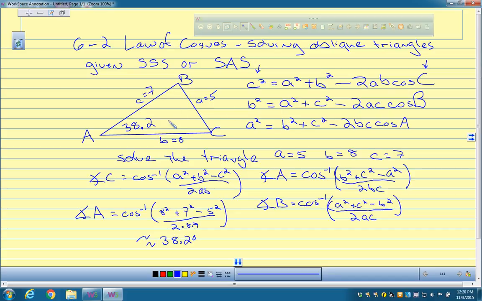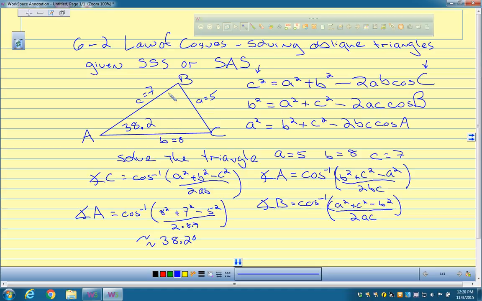Law of Cosines. You could, but the reason you can't use law of sines is because you still have an ambiguous case, right? Because you just have an angle and a side, and that's ambiguous. Law of sines only works for sure if it's angle, side, angle or angle, angle, side.